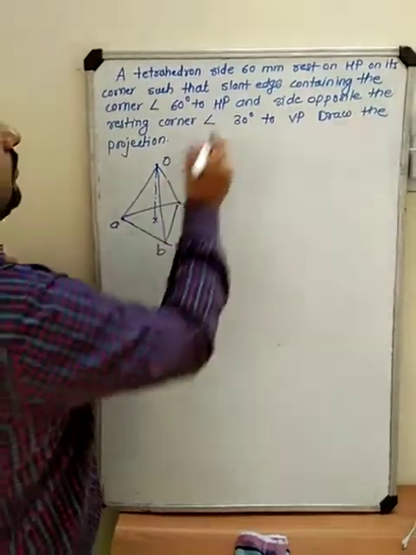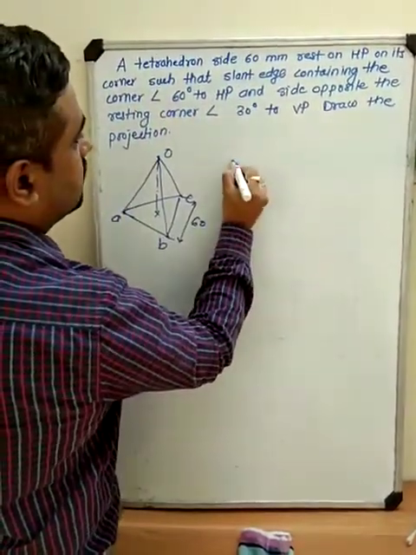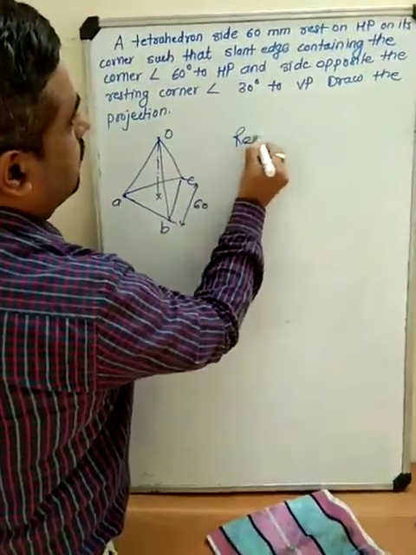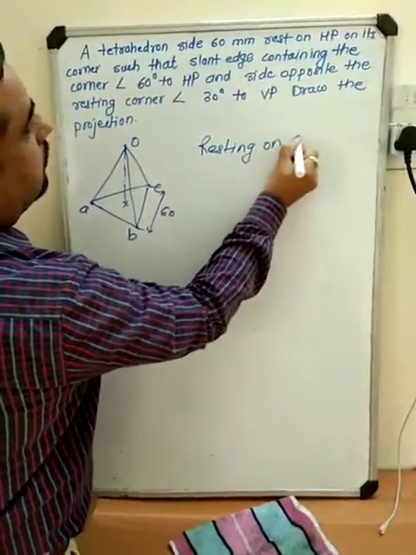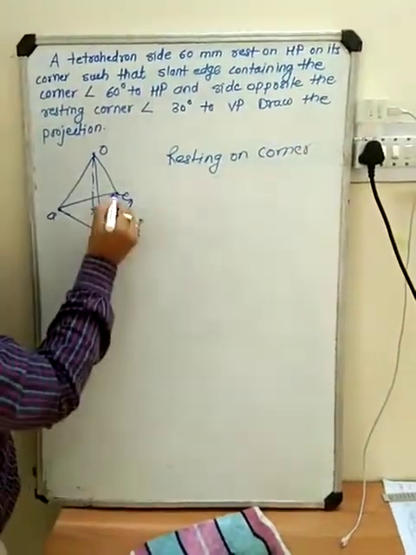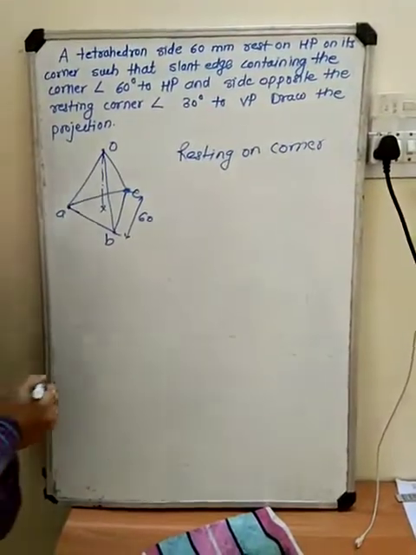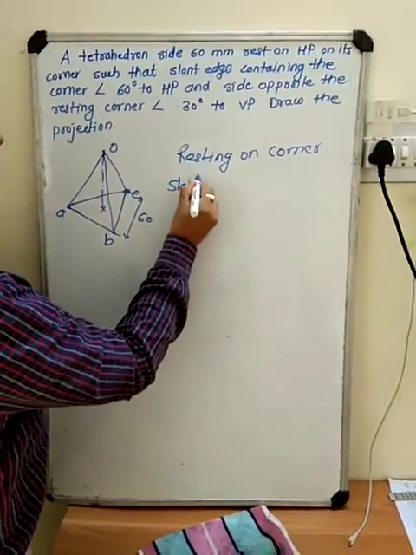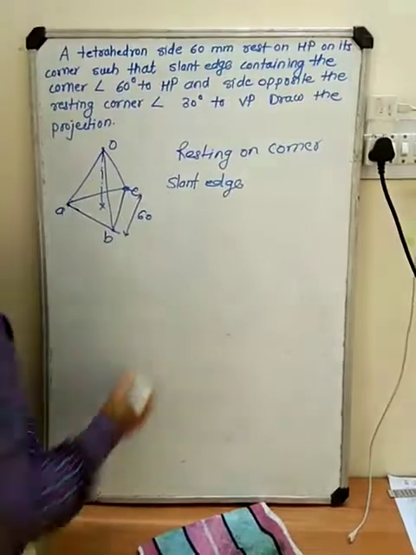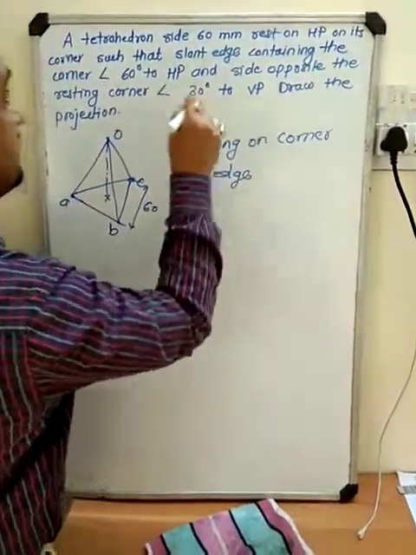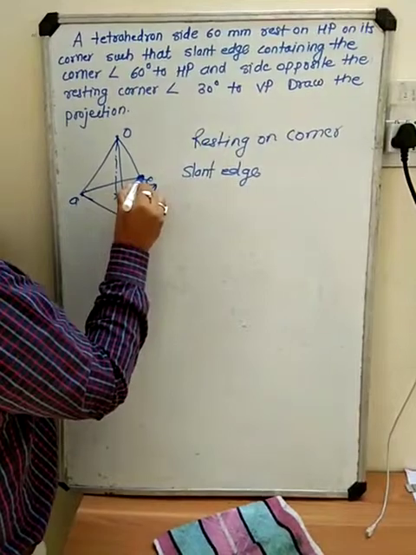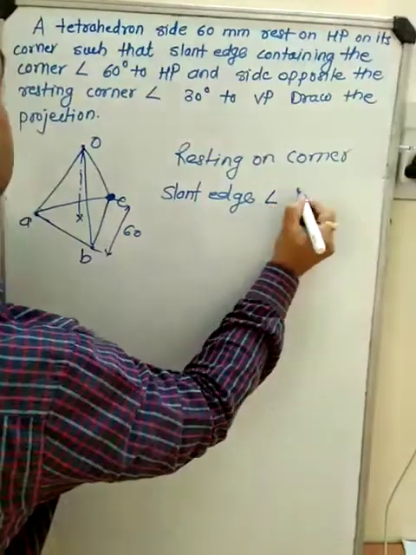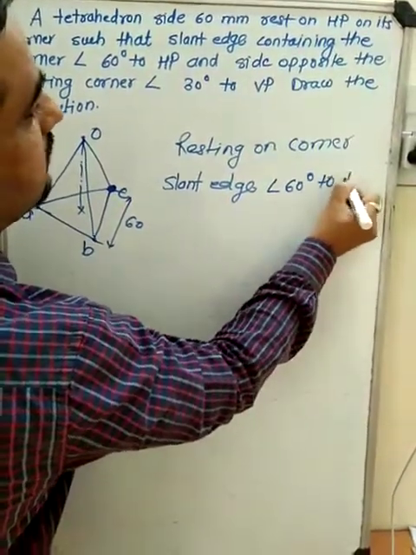Okay, now what is given? It is resting on a corner. Suppose we take C as the corner. It rests on the corner such that the slant edge containing the corner, you have to identify the slant edge, that means containing C, is inclined 60 degree to HP.